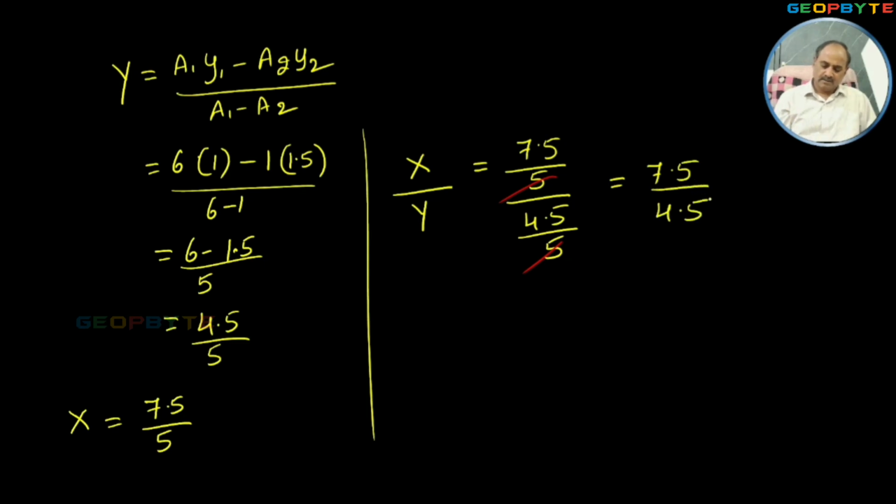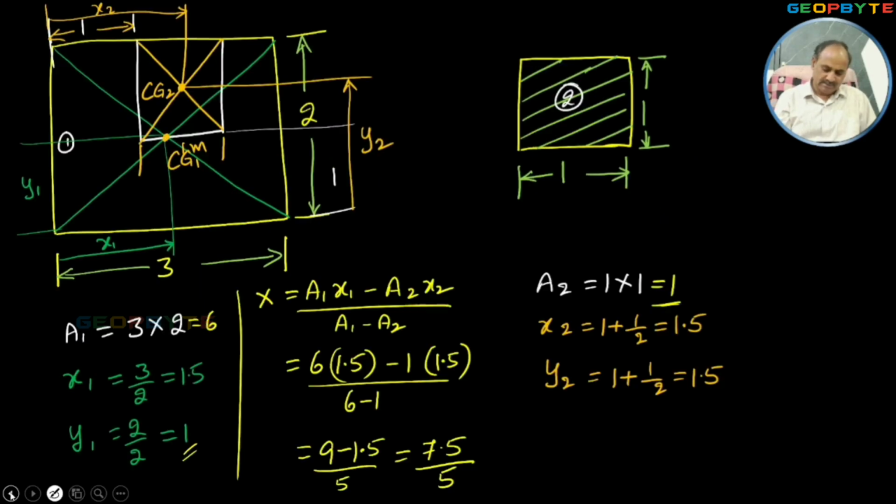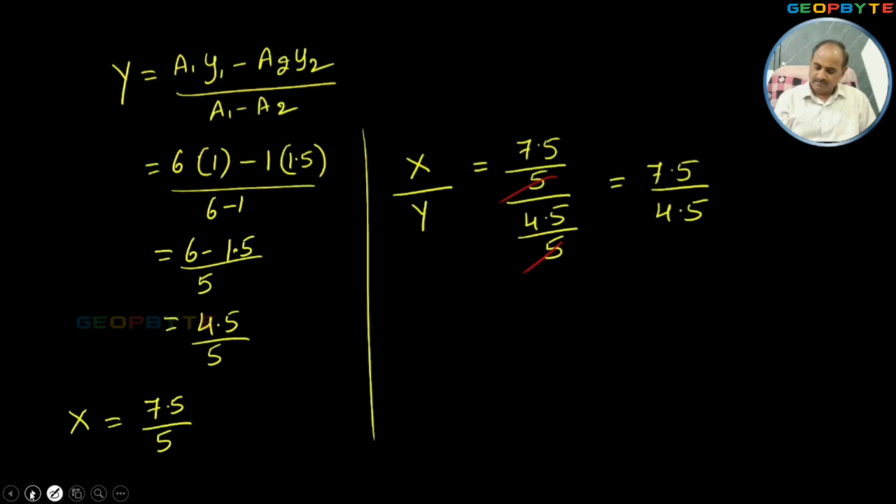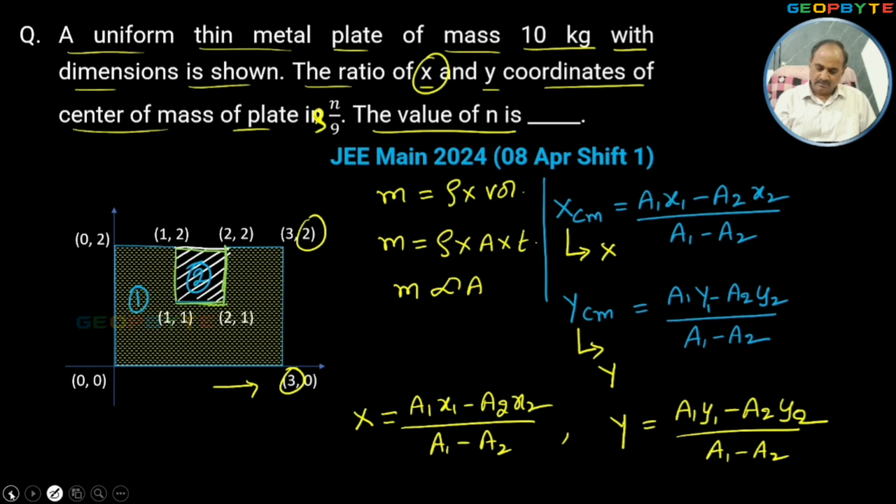That is the ratio between the centroid on the x-axis and the centroid on the y-axis. So we got x by y equal to 7.5 by 4.5.